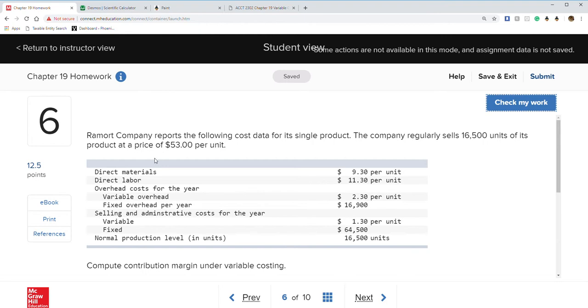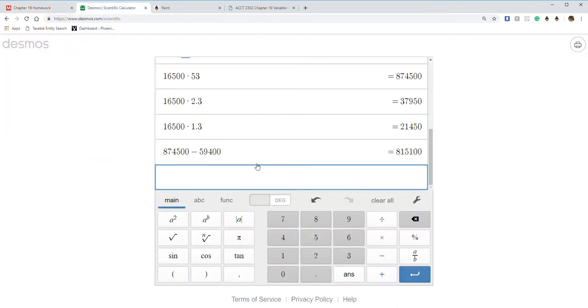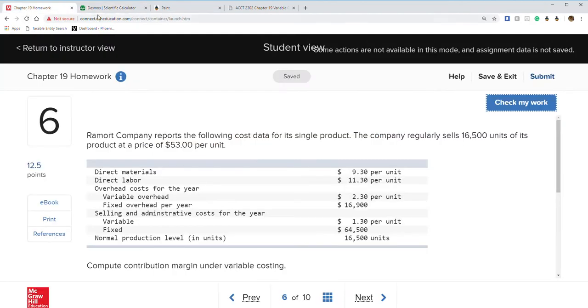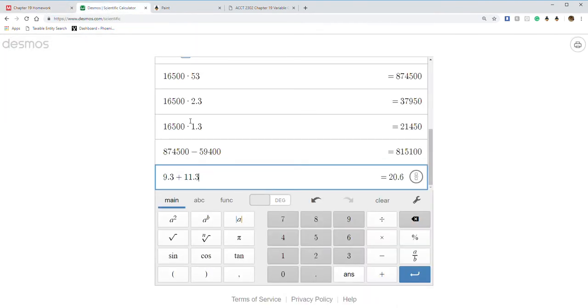Oh yeah, direct material and direct labor. They're variable too. Oh my! So watch out. So 9.3 plus 11.3, I guess it was, plus that 2.3. So it's really 22.9 is our variable manufacturing.